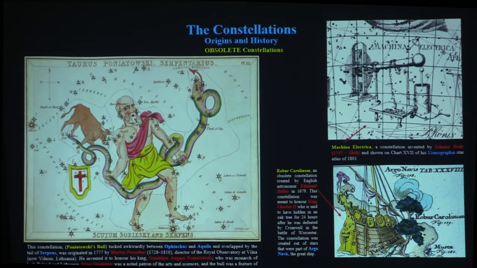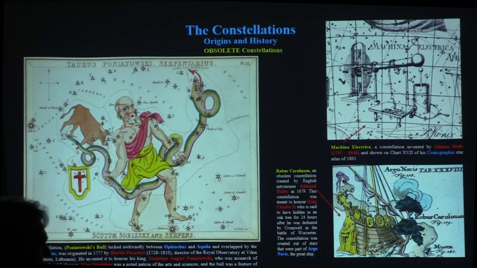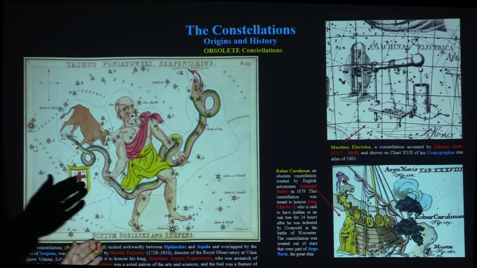And over here, I love this one, Charles's Oak. Now Charles II, about Oliver Cromwell and the Reformation, the Civil War in England. During that conflict, I love this bit, Robur Carolinum, an obsolete constellation created by Edmund Halley in 1679.